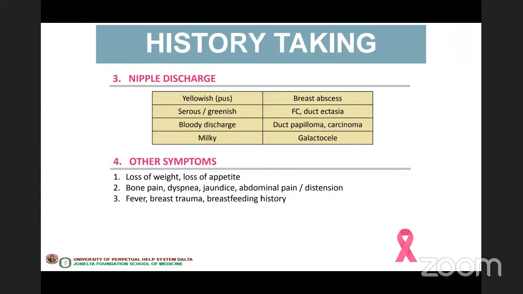If it's serous, it would be duct ectasia or fibrocystic change. Bloody discharge, think duct papilloma or any carcinoma. Milky, if it's a galactocele. Cheesy, if it's duct ectasia. Of course, other constitutional symptoms, look at malignancy.